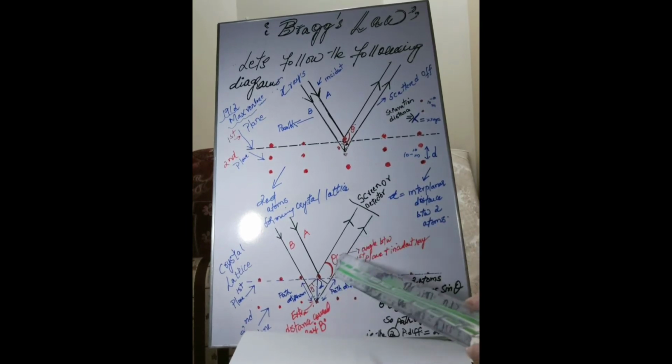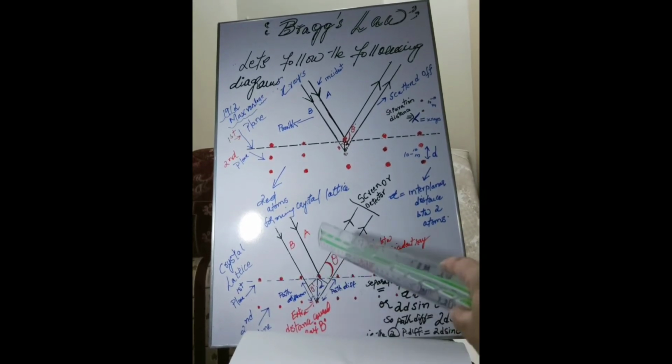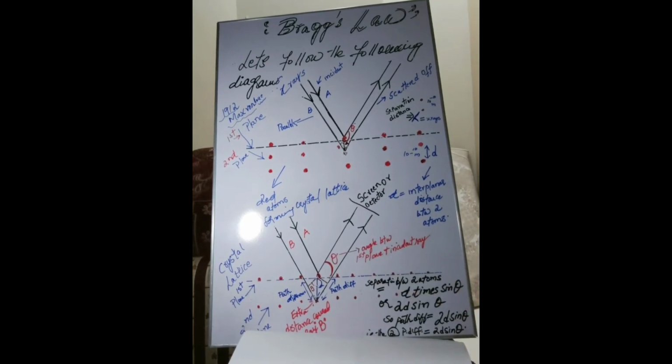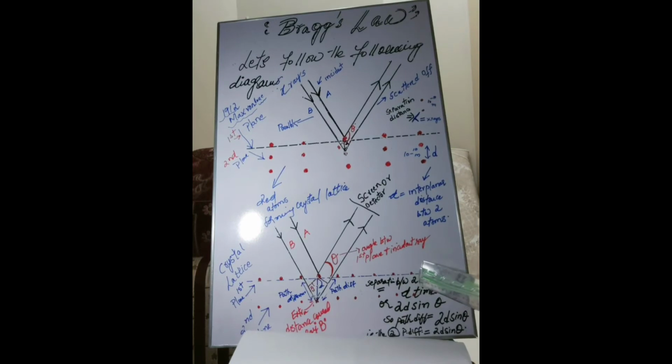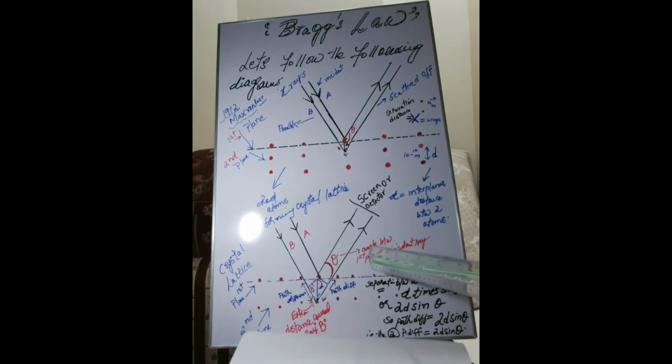You can also call it the size of the slit or the size of the opening. Lambda is the wavelength of the X-ray. And theta is the angle formed between the plane of the crystal lattice and the incident X-ray.